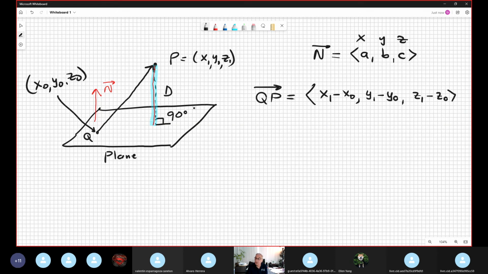Okay, let's do it quickly. We have only one minute. It is QP dot product M, of course, divided by the magnitude. Remember, in projection there is a unit vector.